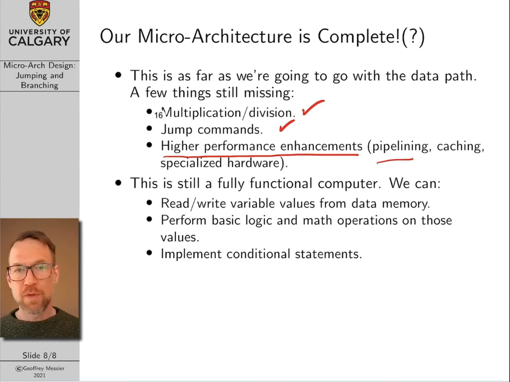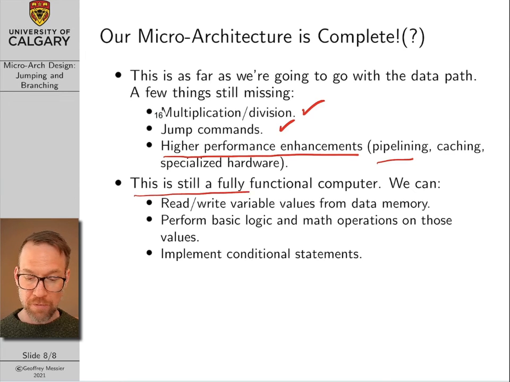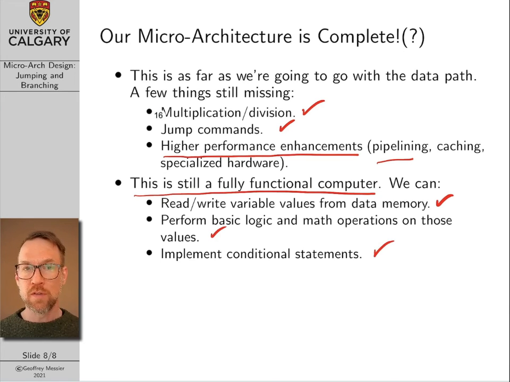With all of those apologies for the design that I've presented, I still do want to emphasize that this is a fully functional computer. Even with this very simple design, we can read and write variable values from data memory or I/O registers. We can perform basic logic and math operations on those values, and we can implement conditional statements. We can make decisions on the values that we're working with inside our computer.